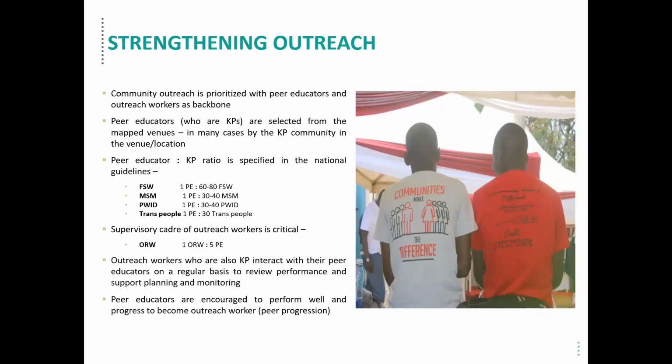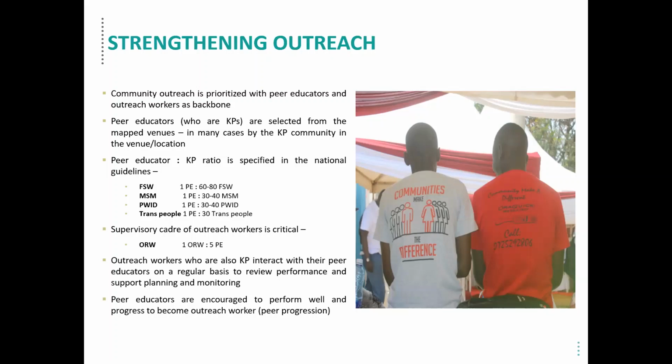So outreach is a very strong component for us for key populations. We have a community outreach, which is prioritized with peer educators and outreach workers. And this is the backbone of the program. Peer educators who are key populations are selected from the mapped venues that we indicated in the map, and in many cases by the key populations community in the venue.